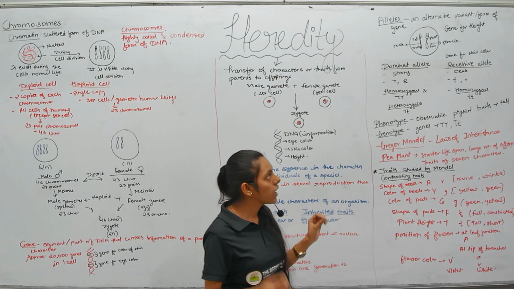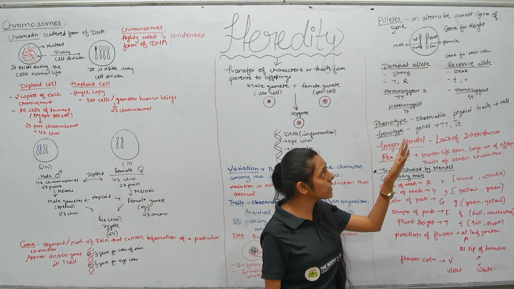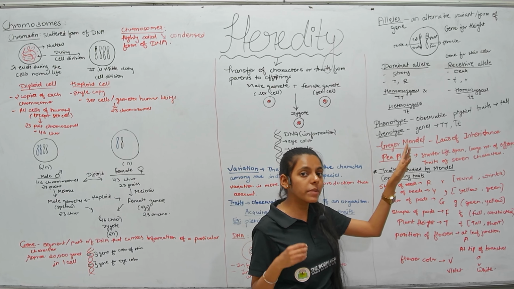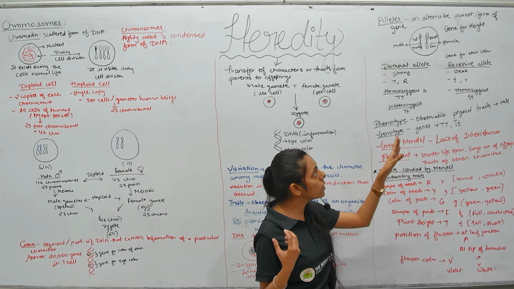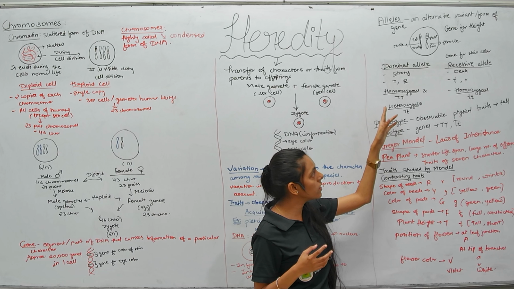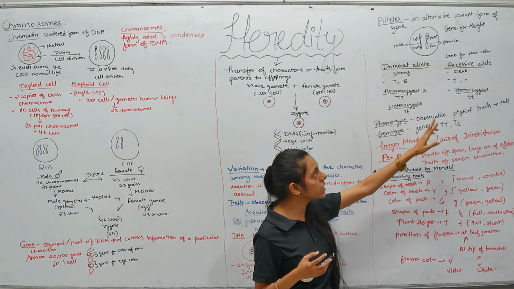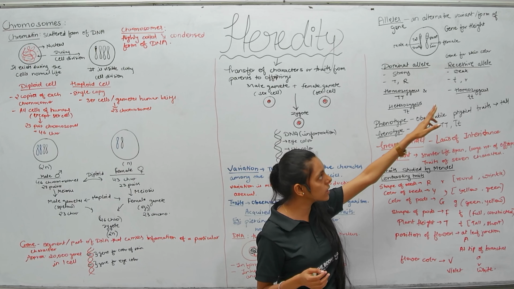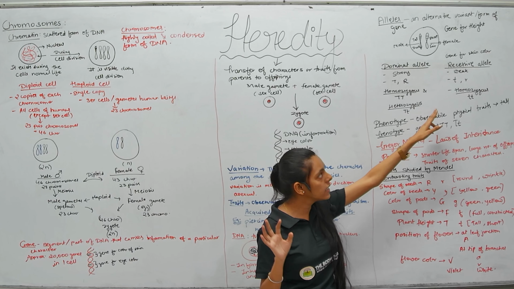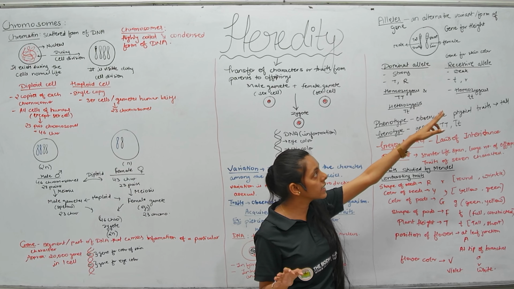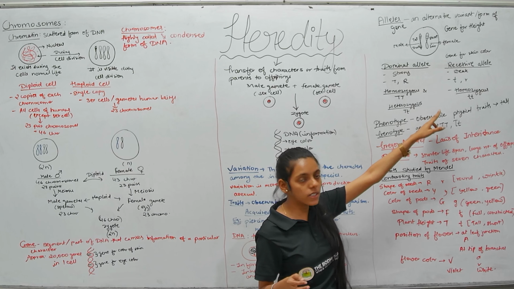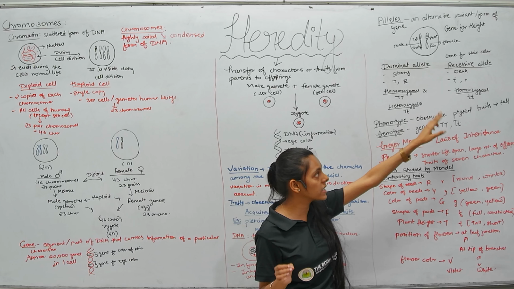Capital R. And recessive alleles are denoted by small letters. So tall is dominant, and short is recessive, so it will be expressed using small t. And wrinkled seeds, here it will be expressed by small r.